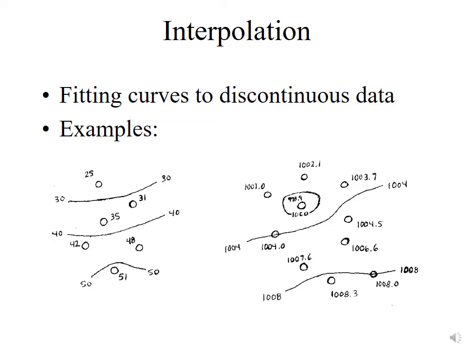Clearly, somewhere between 25 degrees and 31 degrees has to be 30 degrees because temperature is a continuous variable. When we're trying to decide where to draw that 30-degree isotherm, is it likely to be closer to the 25 degree or the 31 degree? Well, obviously it's likely to be closer to the 31. So when we draw that isopleth between 25 and 31, we basically draw it closer to 31.